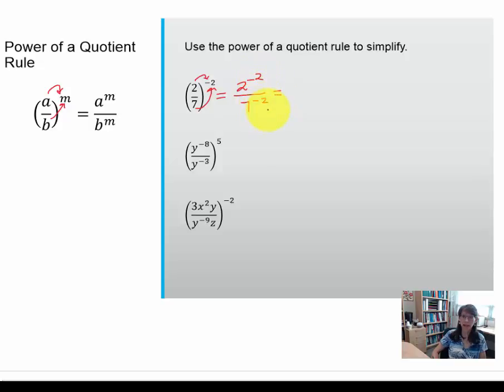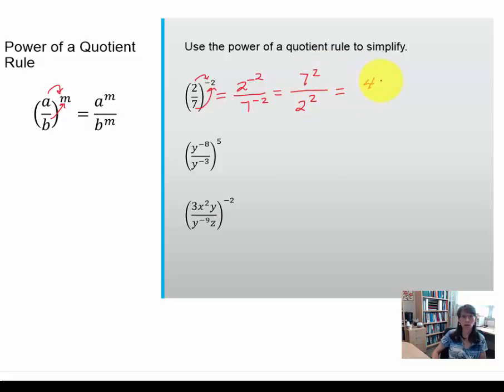Since these powers are negative, I need to rewrite: 2 to the minus 2 is shifting to the denominator, and 7 to the minus 2 is shifting up to the numerator. So their exponents now have become positive, and we can simplify this.